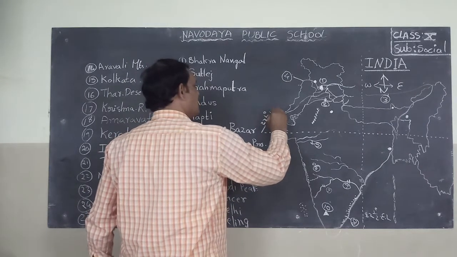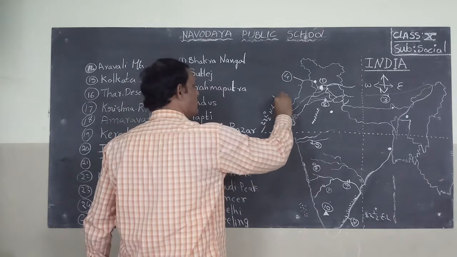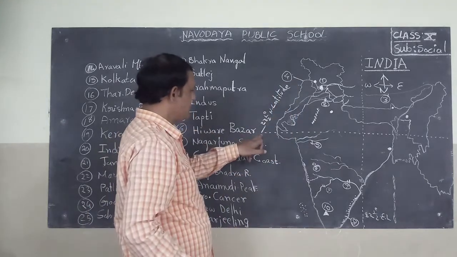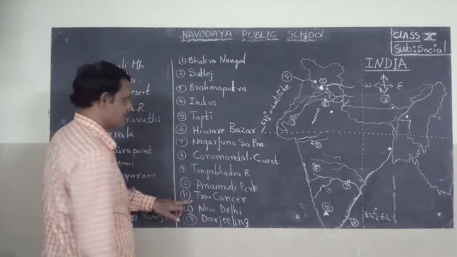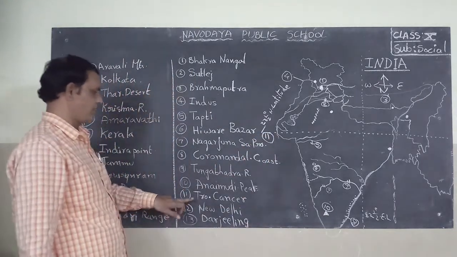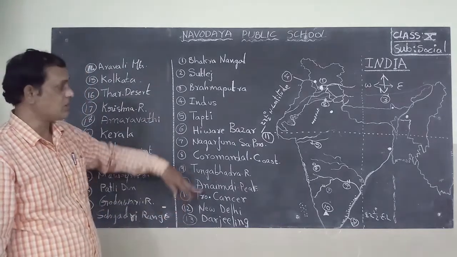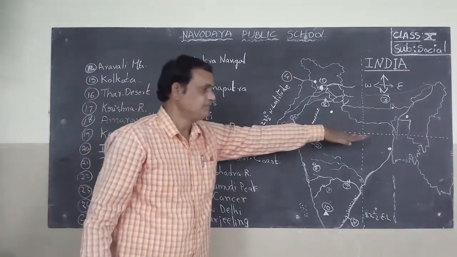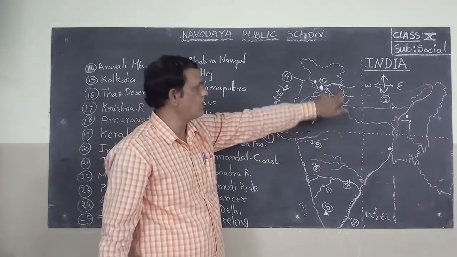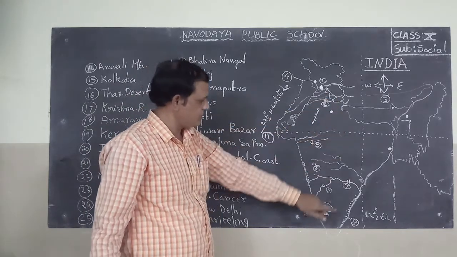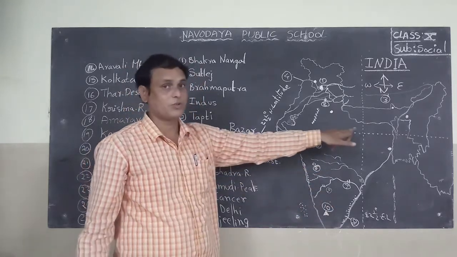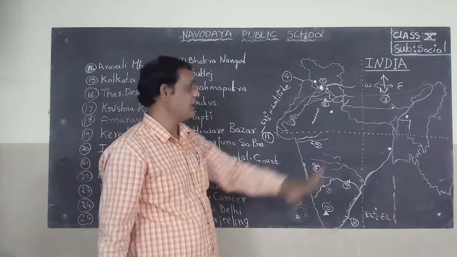The number is 11, so write down 11. From here to here is all North India, and from here to here is all South India. The Tropic of Cancer passes through 8 states in our country.